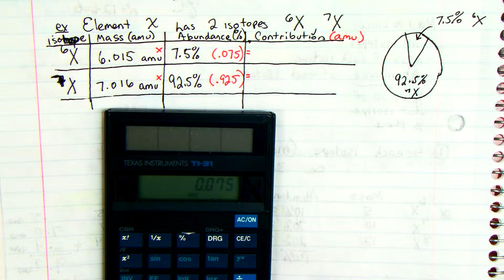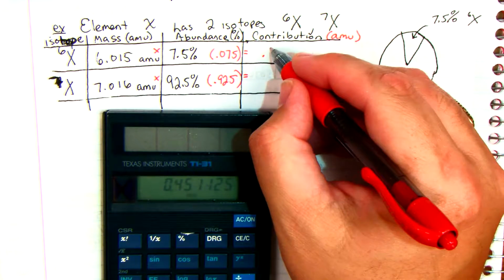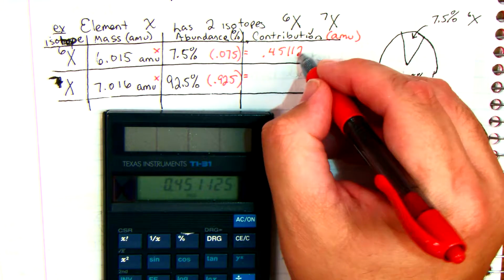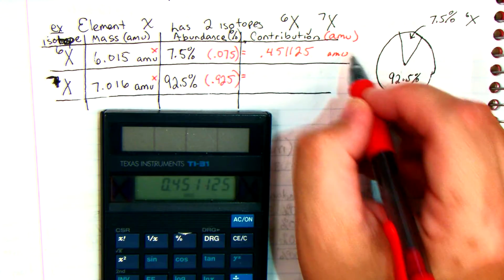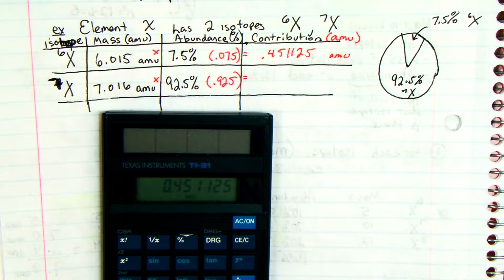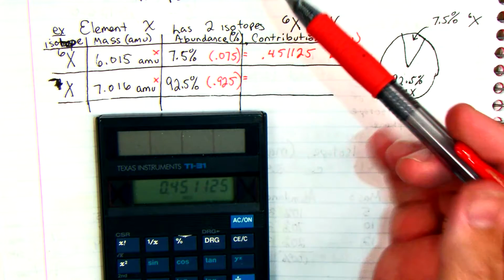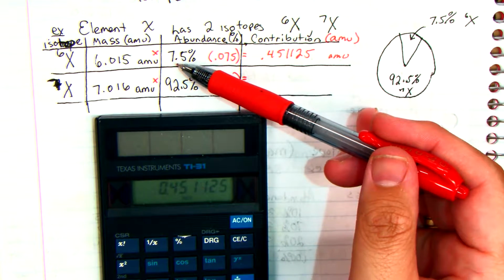And in this case, it's going to be 0.451125 AMUs. So the contribution that the isotope X6 is going to contribute to the overall picture is only 0.451125 AMUs. And hopefully that makes sense, because it's only 7%. It's not a whole lot as far as percentages go.